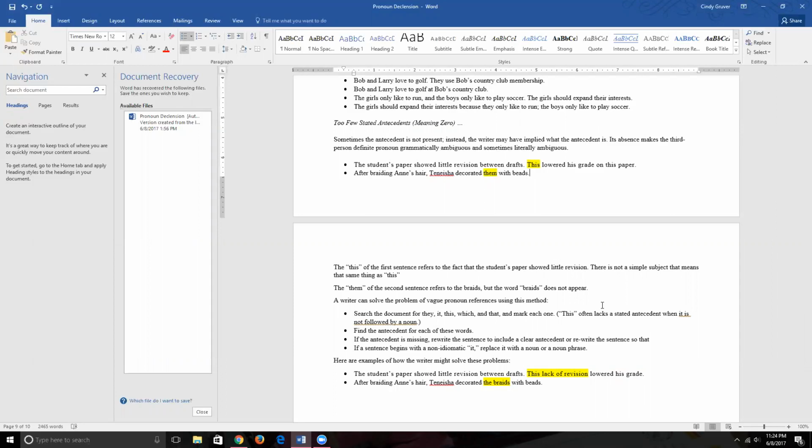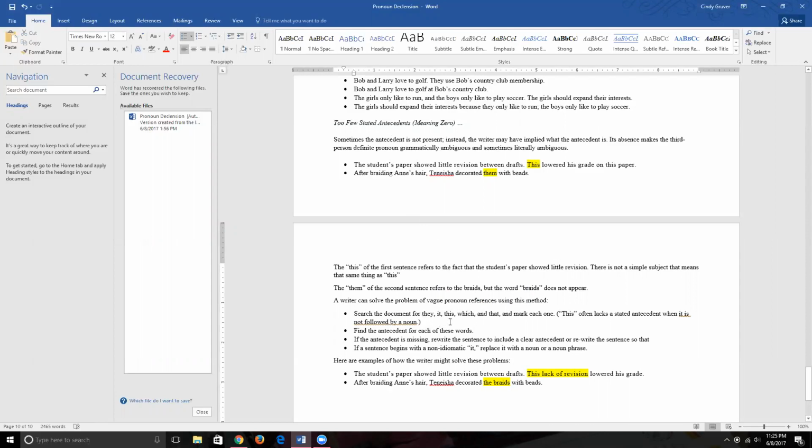We also do that sometimes with other words, but I would say this is the most likely to have no antecedent. The they usually arises when we do have an antecedent. The problem with they isn't so much that we don't have an antecedent, but when we have a singular antecedent and we're replacing it with they. That is the problem with they. But sometimes it can be a problem with not having a stated antecedent.